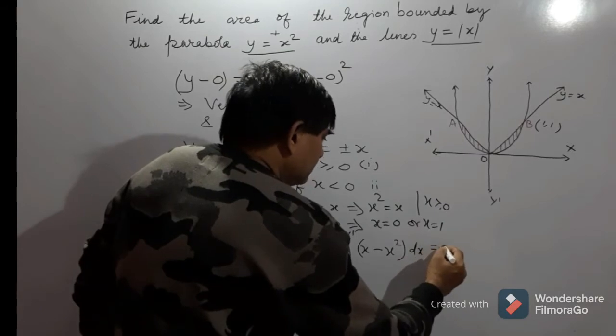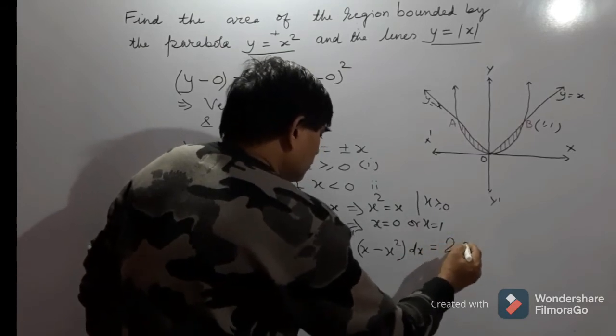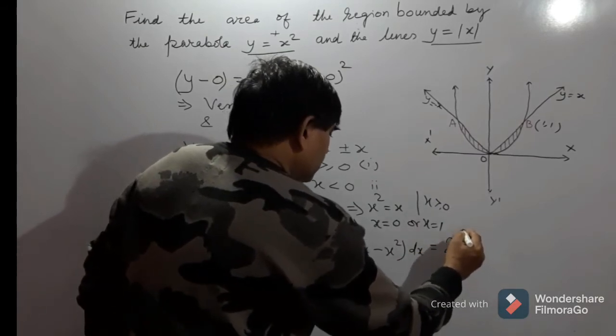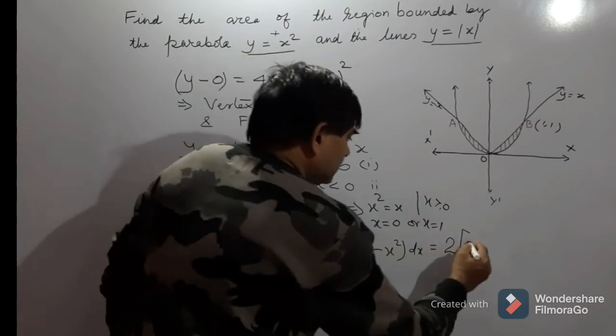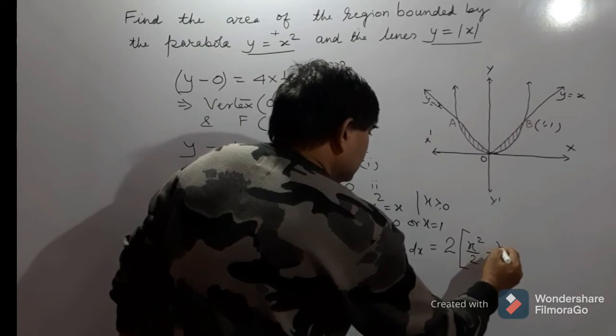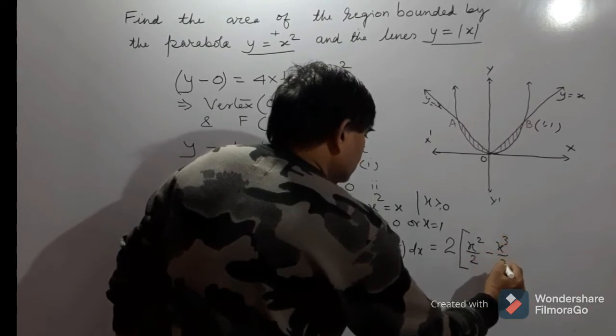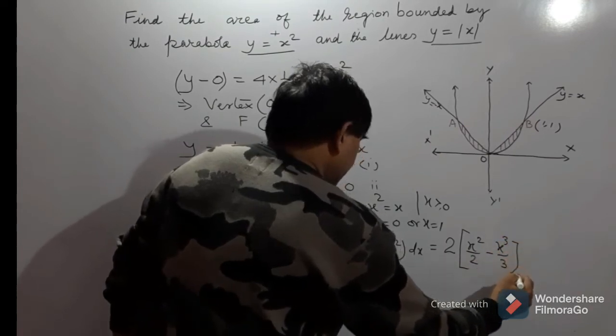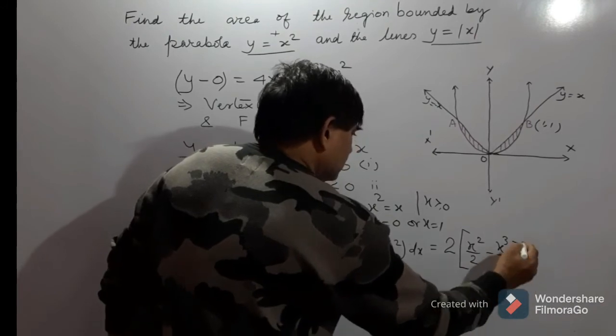Now simplify this one, 2, and now this will be x square by 2 minus x cube by 3. And then upper limit, this one is lower, this is upper.